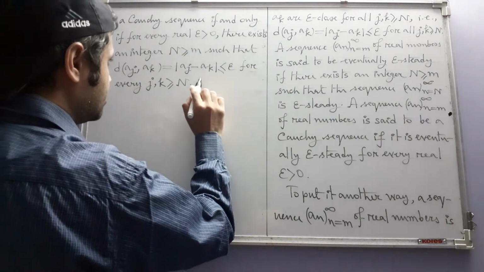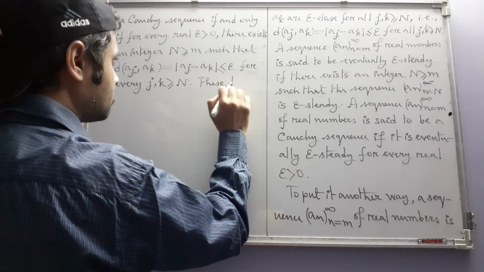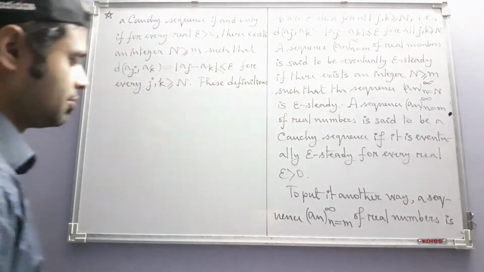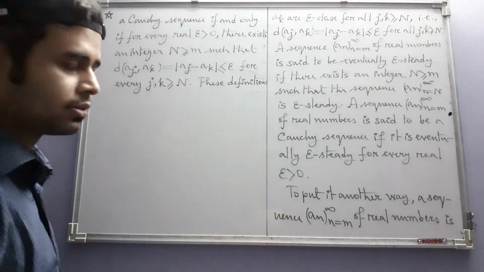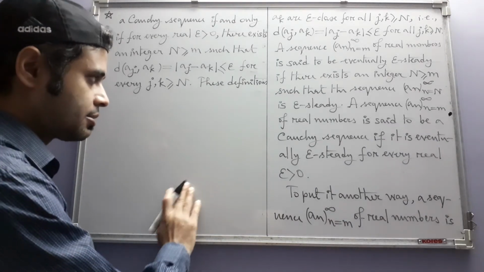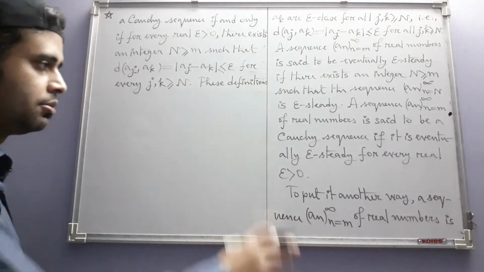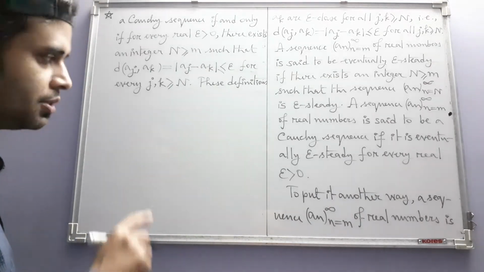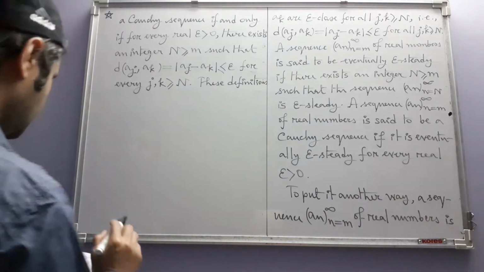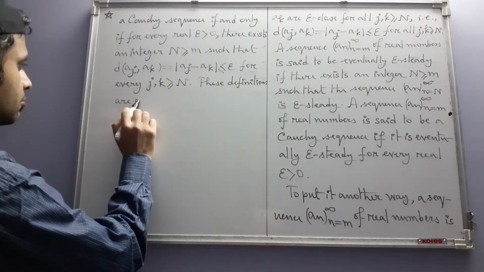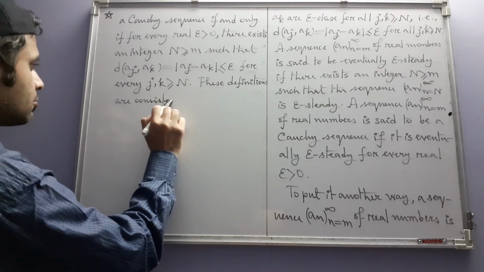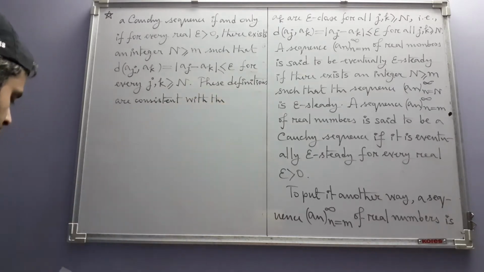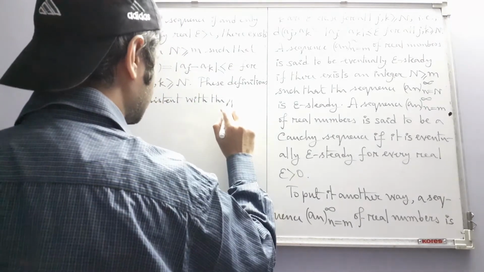And then again, these definitions, we are saying because we have three things here, no? Epsilon steadiness, eventual epsilon steadiness, and Cauchiness. We had these same things for rational numbers also. So this definition is consistent with those definitions, are consistent with the corresponding definitions for rational numbers.